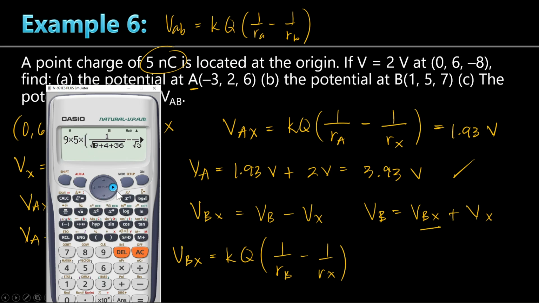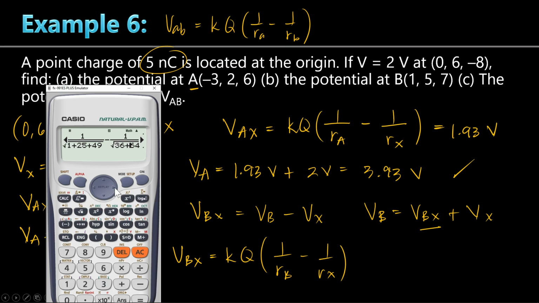Yung RB kasi, distance yan ng point B mula sa origin. Okay? Nasaan ba yung point B? Point B is at (1, 5, 7). So, 1 squared is 1 plus 5 squared is 25 plus 7 squared is 49. Tapos, palitan natin yung denominator ng pangalawang term. No?